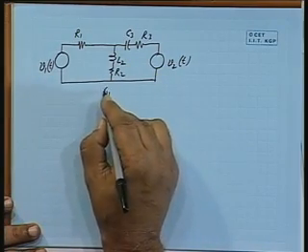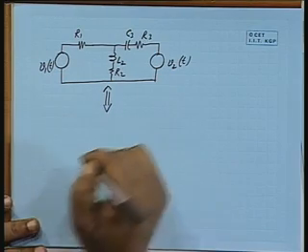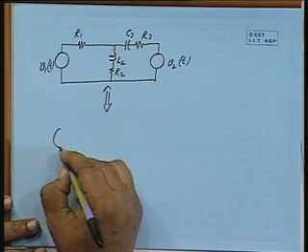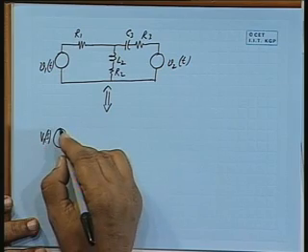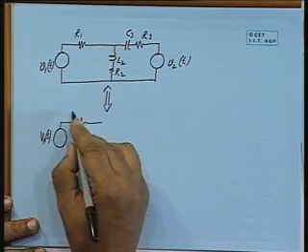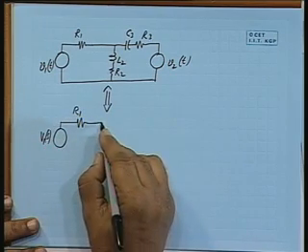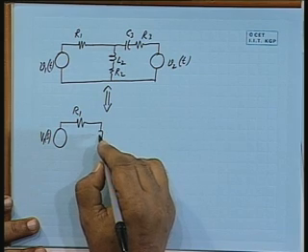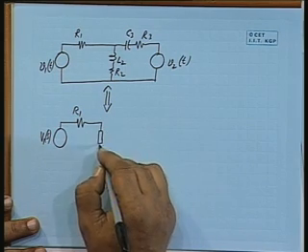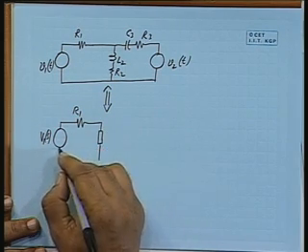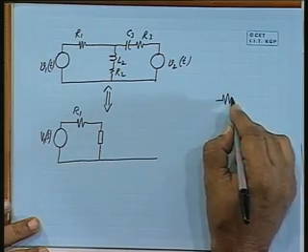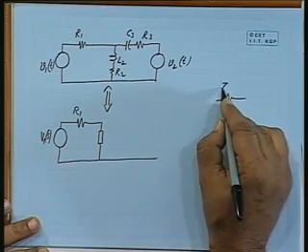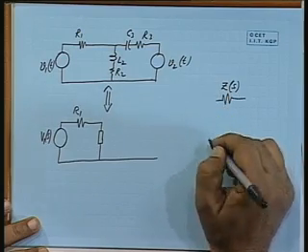Therefore, we shall replace this entire circuit by an equivalent V1(s), R1. You can show it like this, or a symbol like this can also be used for a generalized impedance Z(s).